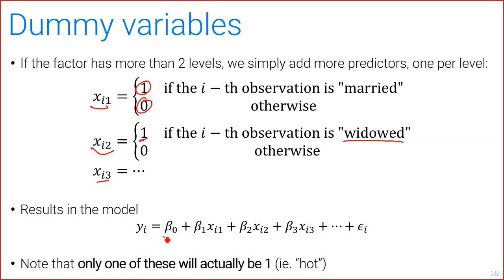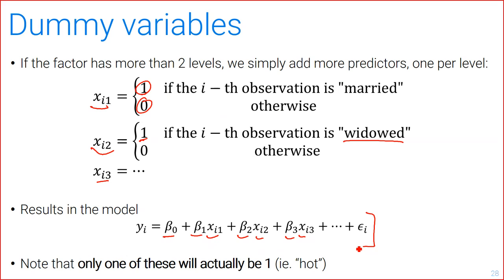Again, we have the global intercept, and we have one coefficient per dummy variable, all the same. It has, again, the same shape of any other linear model. But it's important to note here that only one of these x's is going to be actually 1. Only one of them is going to be hot or active for any given observation. Because this is a categorical variable, it could be one of many categories.